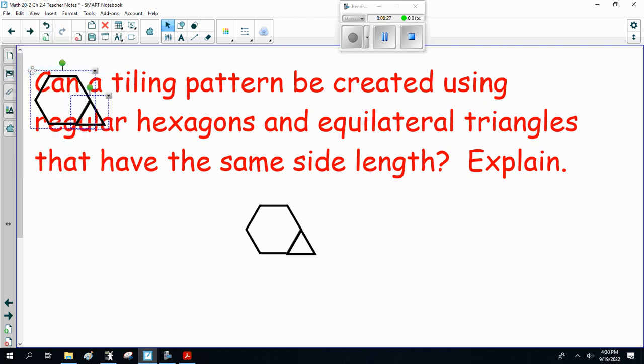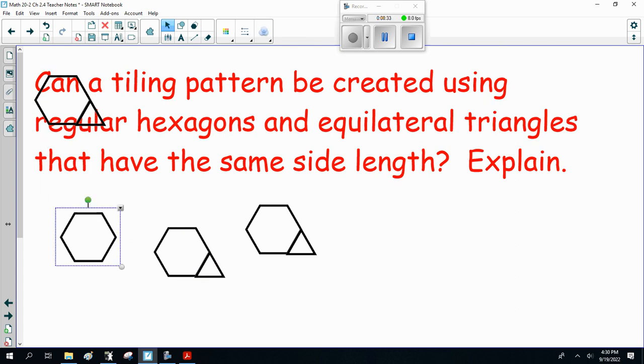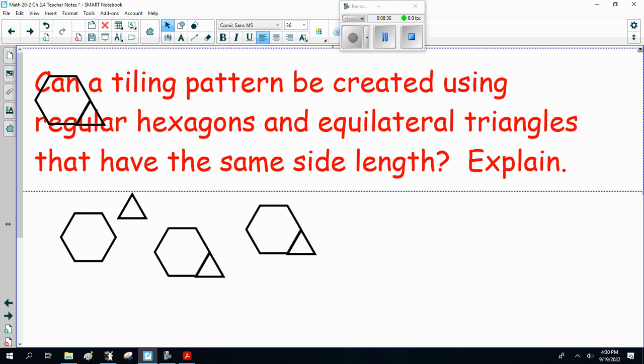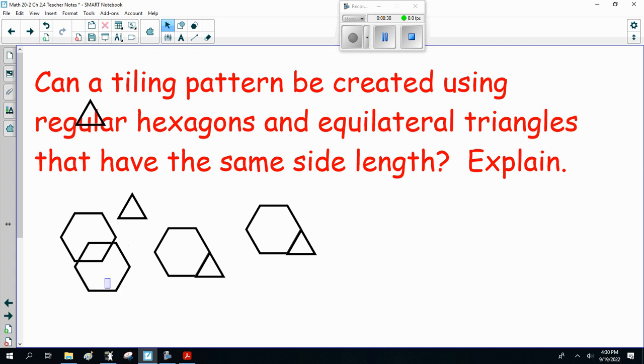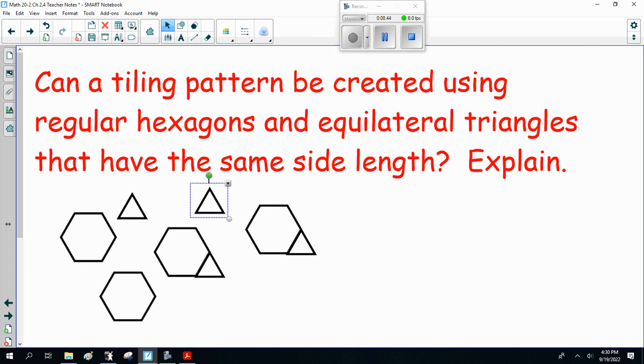But here's where we have a little fun trying. Come on, you can do it. Yes, you can. There we go. Now, if you're in class, I give you a bunch of these to play with. And you try to make some sort of shape out of them. Now, can you make a tile pattern using these?